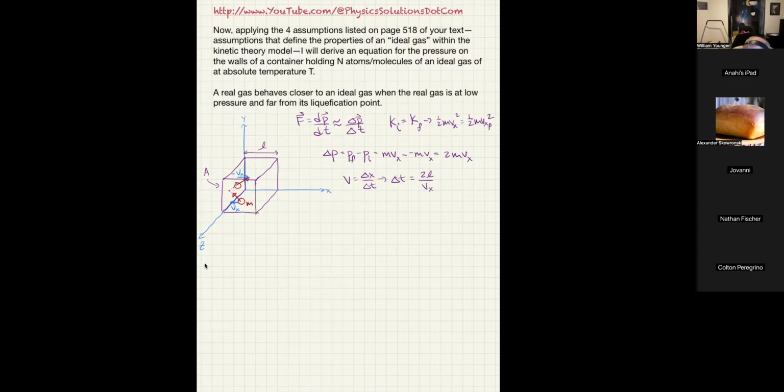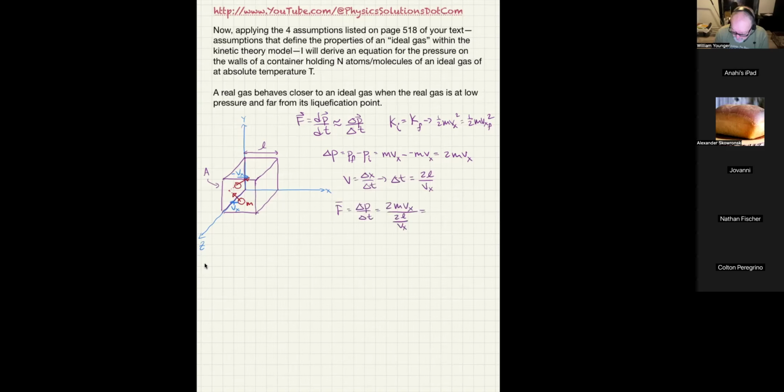So now I can say that the force on average is delta P over delta T, which gives me 2m V sub x divided by the delta T, which is 2L over V sub x. Now, when you divide a fraction by a fraction, that's the same thing as multiplying by the reciprocal of that fraction down there.